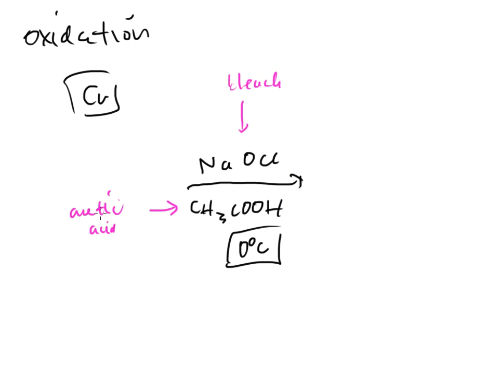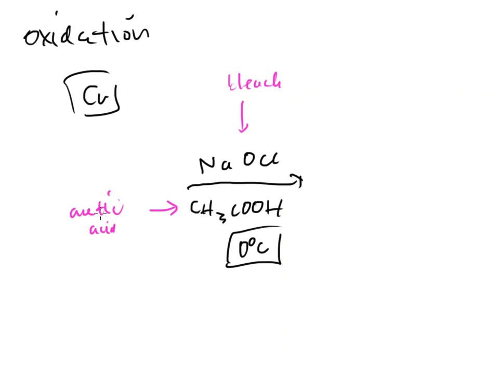So this is a more environmentally friendly way to oxidize an alcohol. I take bleach, sodium hypochlorite, mix it with some acetic acid, put it into a container. That container probably has a nice little ice water just to keep it cold. And the reactions happen the same way.